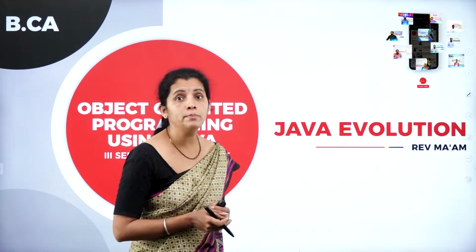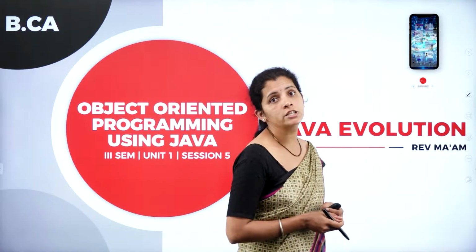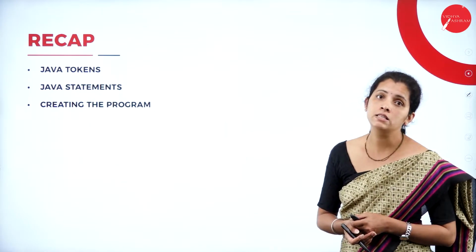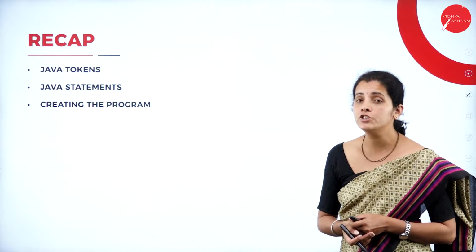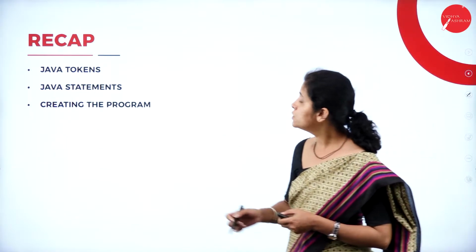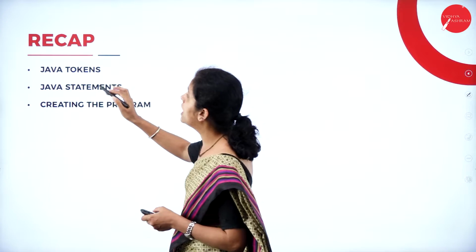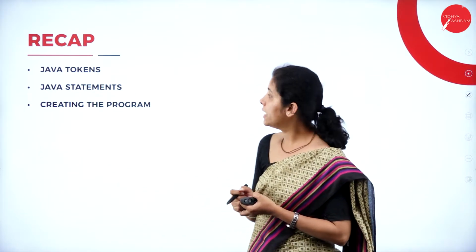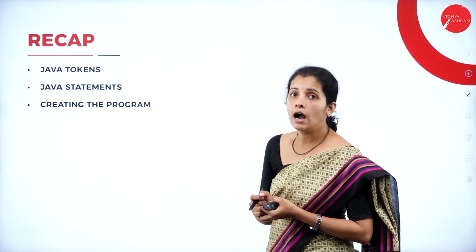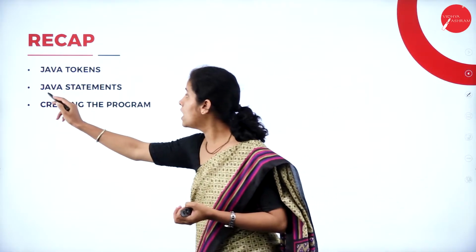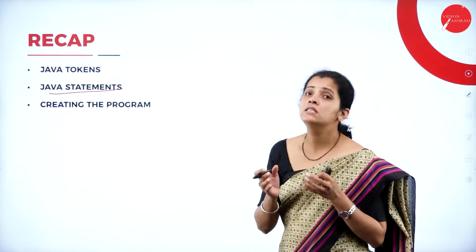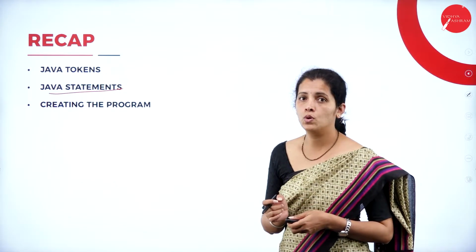So dear student, before starting today's session, let me recall what I discussed in the previous session of this chapter. In the previous session, I started with what is a Java token. Along with that, I covered Java statements as well as how to create a simple Java program.